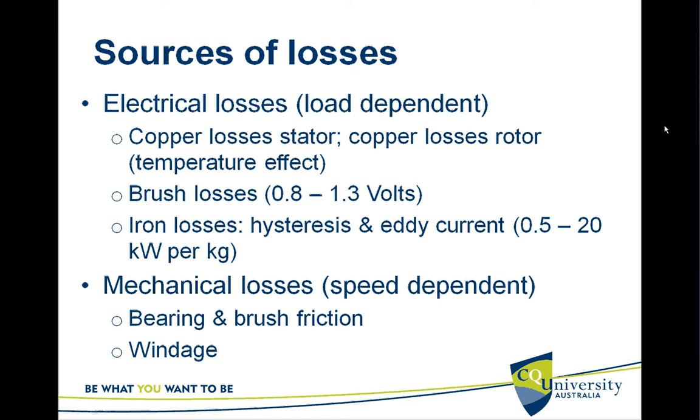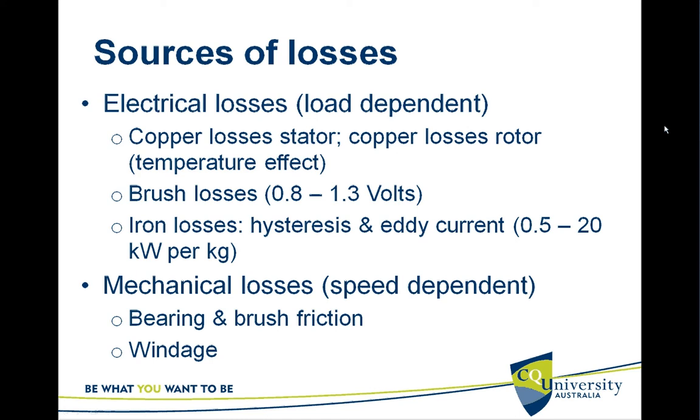Now the electrical losses, there can be electrical losses which are load dependent. They are copper losses in the stator, copper losses in the rotor, and temperature also affects that. And then losses at the brushes if there are any brushes in the machine, and then the iron losses, hysteresis and eddy current losses.